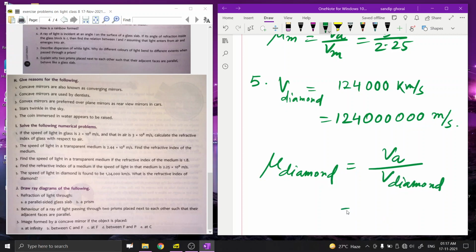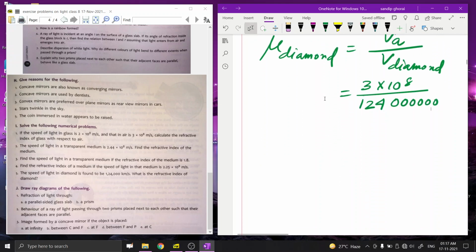Here Va means 3 into 10 to the power 8 divided by 124,000,000. So what is your answer?